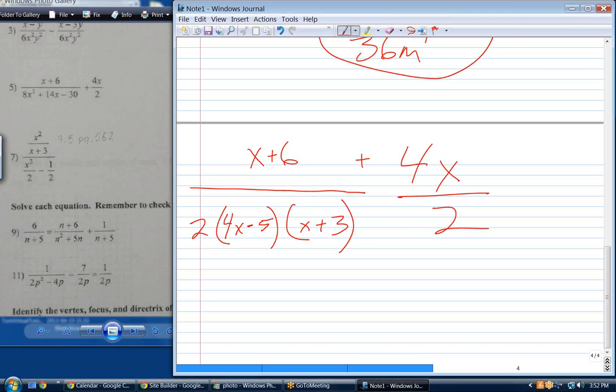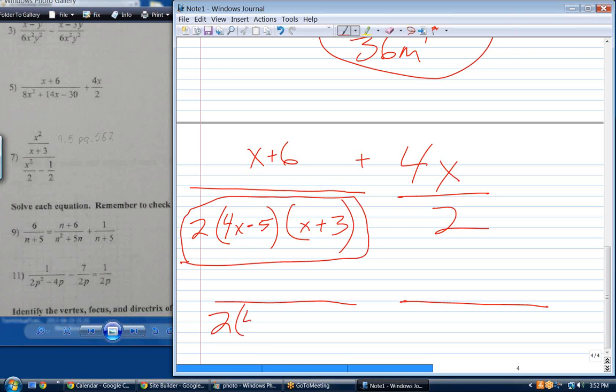Okay, so what's our common denominator? 4x minus 5 and x plus 3, times 2. In other words, I can't just use 4x minus 5 and x plus 3, because this whole term does not divide evenly into that. But I can use the whole term.